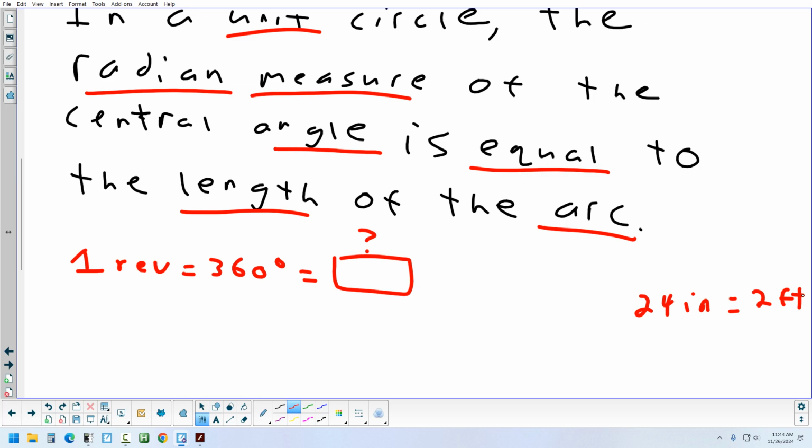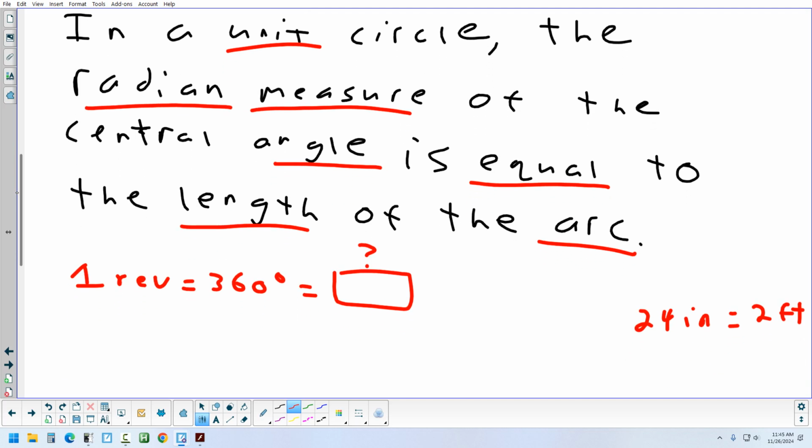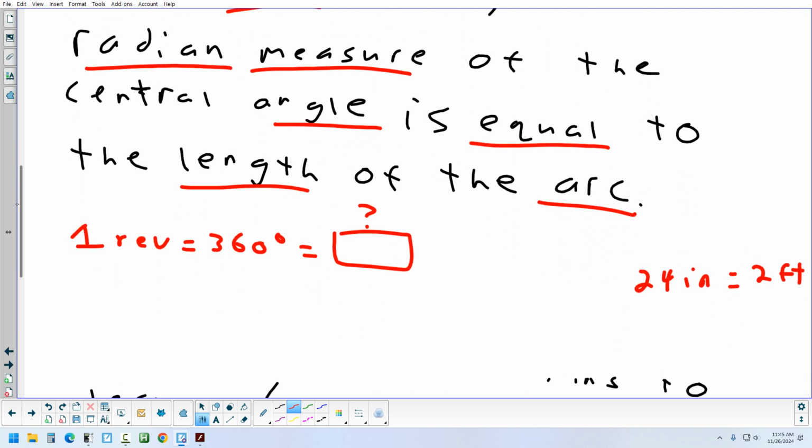Okay, so now let's look at this. In a unit circle, the measure of the angle is equal to the length of the arc. So now, let's say we have a circle like that. If I put the initial side here, and I put the terminal side there, that would be my arc. How much of the circle is that arc?